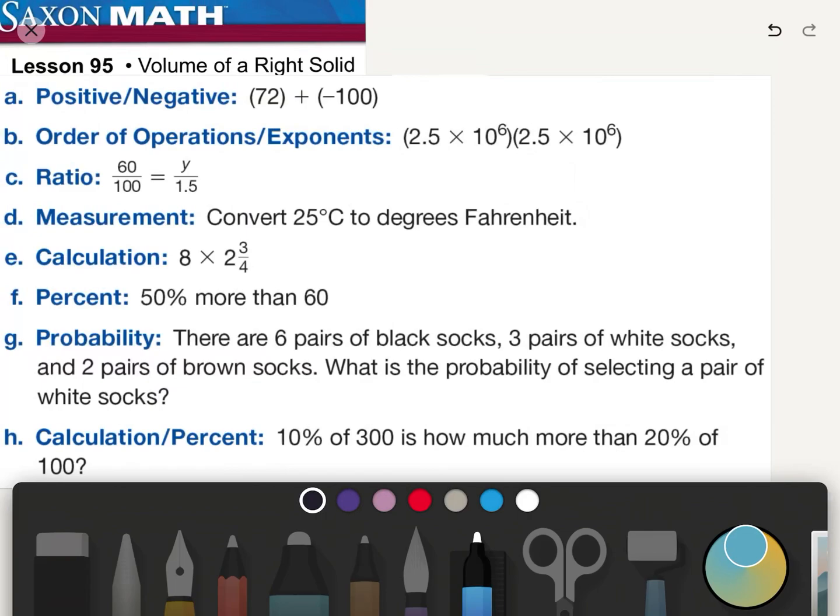So positives, negatives. Essentially we are taking a positive 72 and adding negative 100, which is going to send us left on the number line.